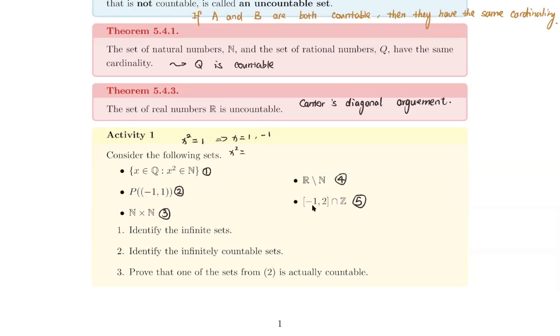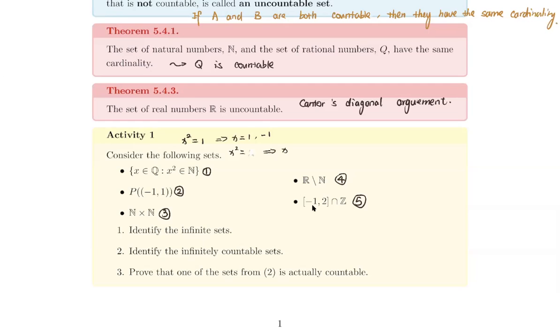x squared equals 2. What's x? Wait, it can't be this, because this is a rational number.